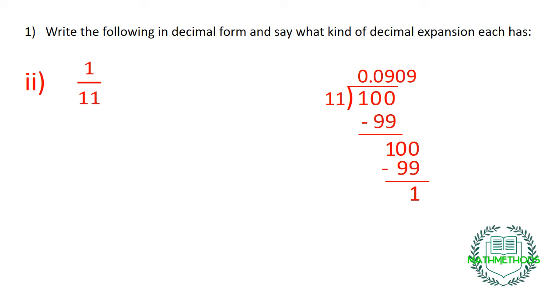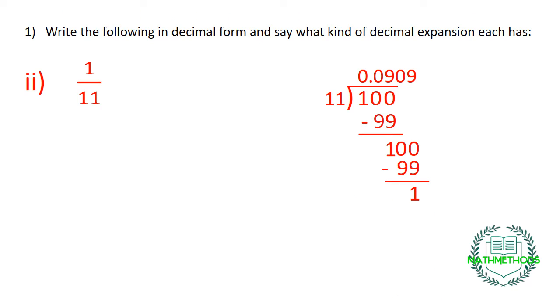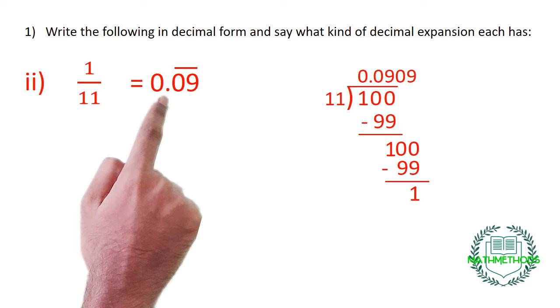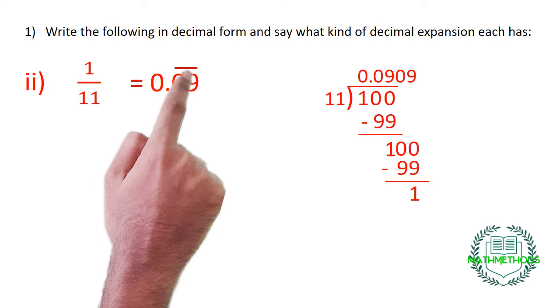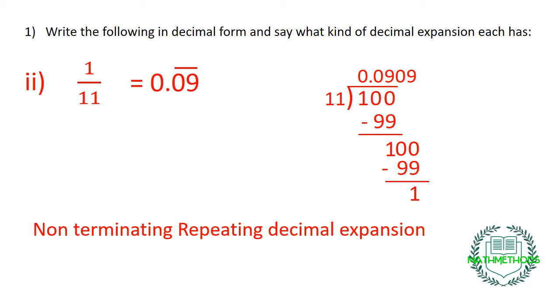If we go on dividing like this, we'll keep on getting 1 as the remainder, and the digits 0 and 9 will keep repeating in the quotient. So the decimal expansion of 1 upon 11 is 0.09 with a bar on top of 09, which shows that the digits 0 and 9 are repeating. Thus 1 upon 11 has a non-terminating repeating decimal expansion.